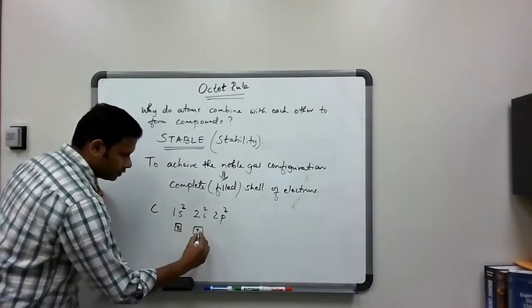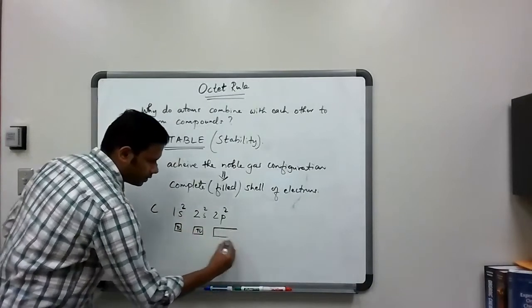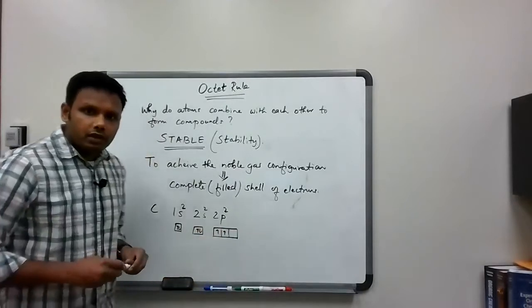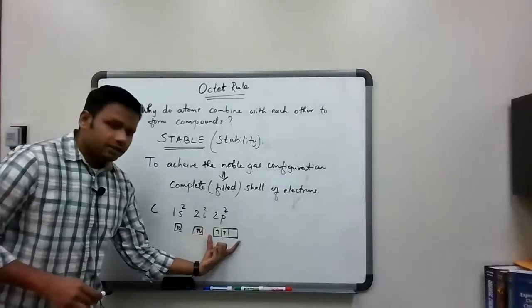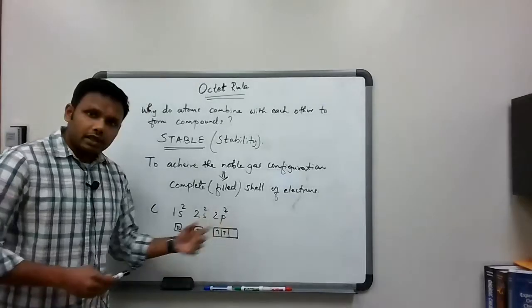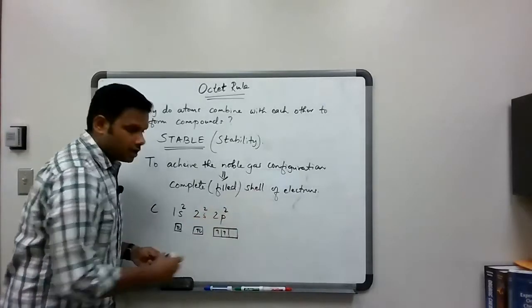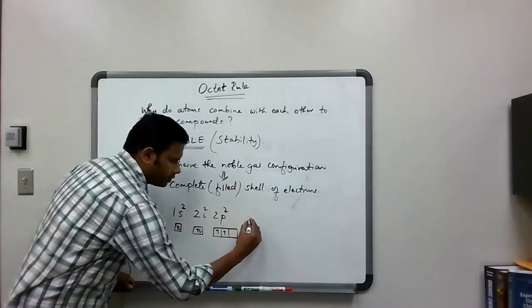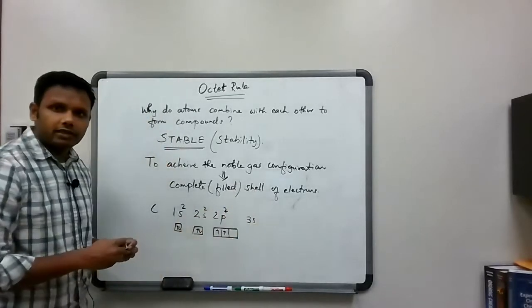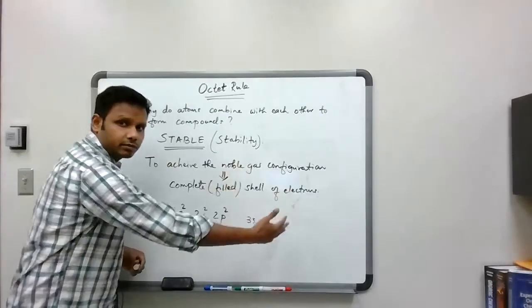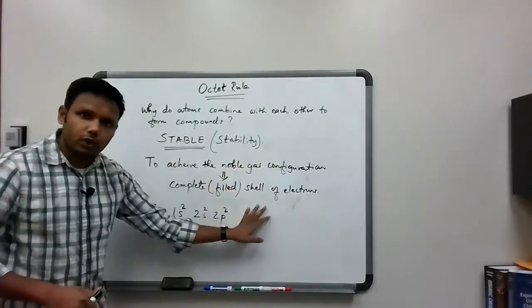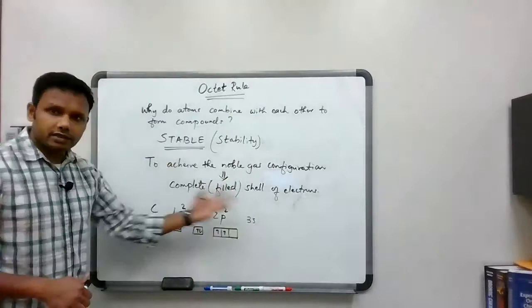There were 2 electrons in the 1s, 2 electrons in the 2s, and 2 electrons in the 2p. Now, this is not filled, and realize that the next orbital that's available is a 3s. So that's the next principal quantum number. So we do not have to consider 3s now.